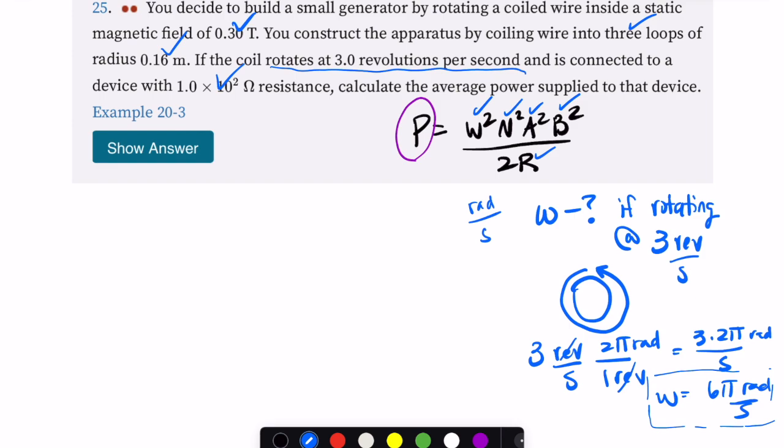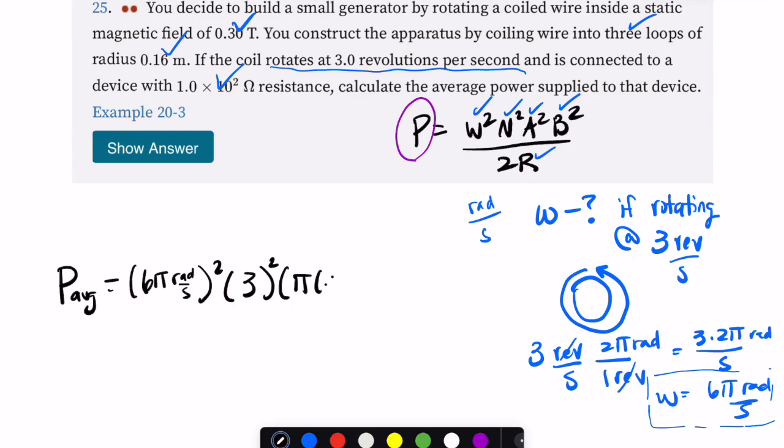So average power is going to be omega squared. Omega was 6 pi radians per second, squared. 3 turns, 3 loops, right? The area is pi times the 0.16 meter radius squared. Oh, hold on. We got to make sure we get our squares right.